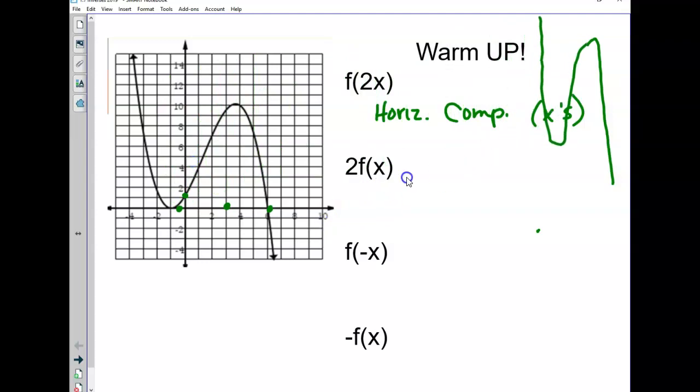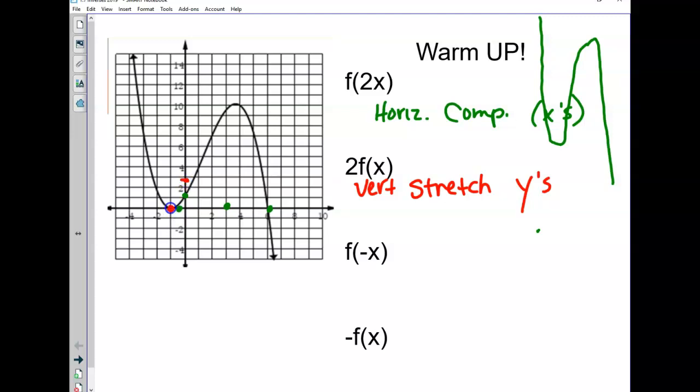All right, 2f of x, what is this one doing? This is a vertical stretch. So it is changing y values by a factor of 2. So where this crossed like a little bit above 1, it would cross above 2, maybe even almost to 3.